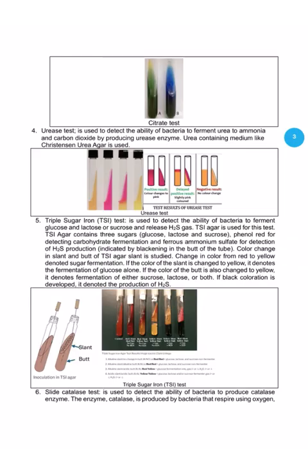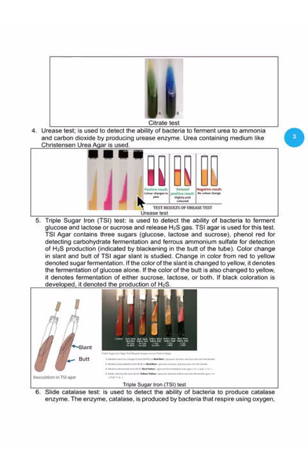We call this medium Christensen's urea agar, and usually it is in the form of a slant in a tube. And then we inoculate the medium and incubate it overnight. And we read the result based on the change in the color of the medium.